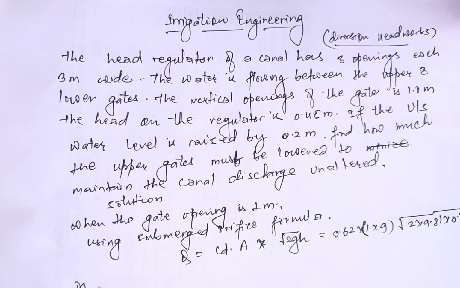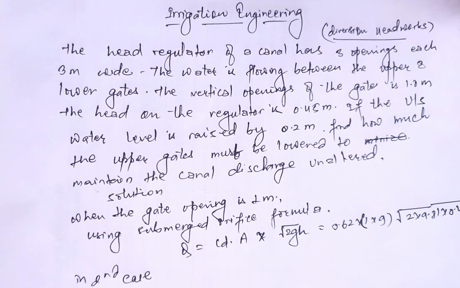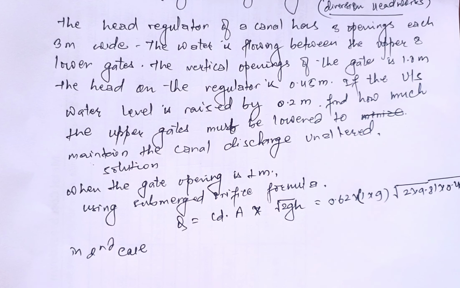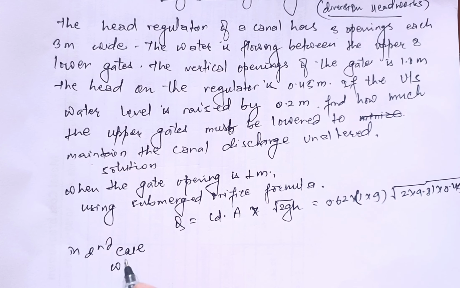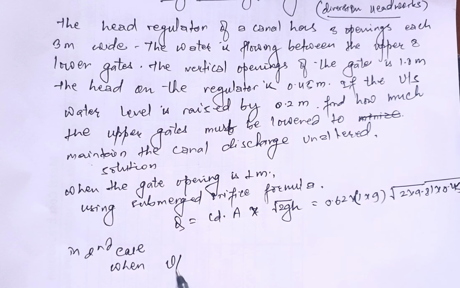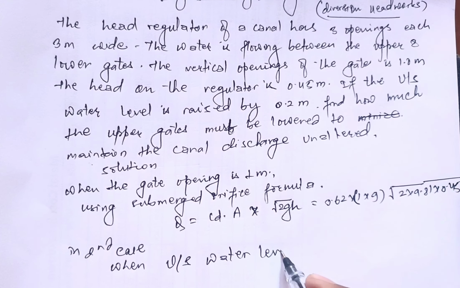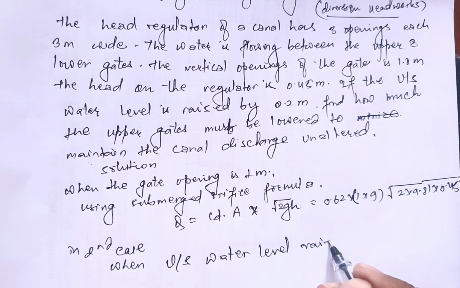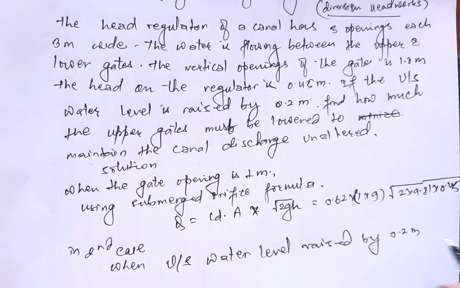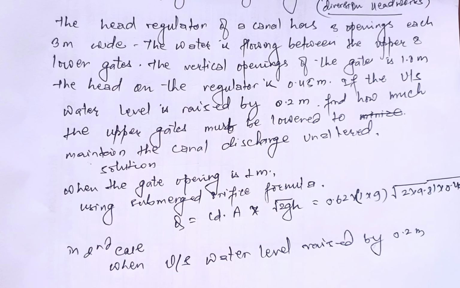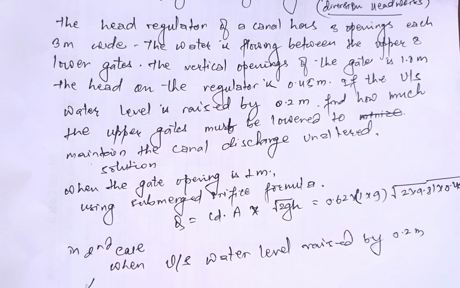In the second case, when the upstream water level is raised by 0.2 meter, let the gate opening be X meter to keep the discharge unaltered.